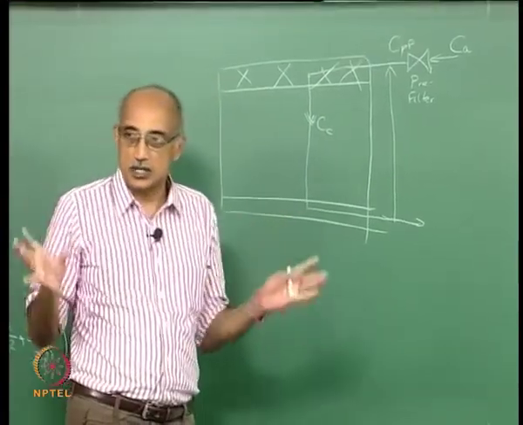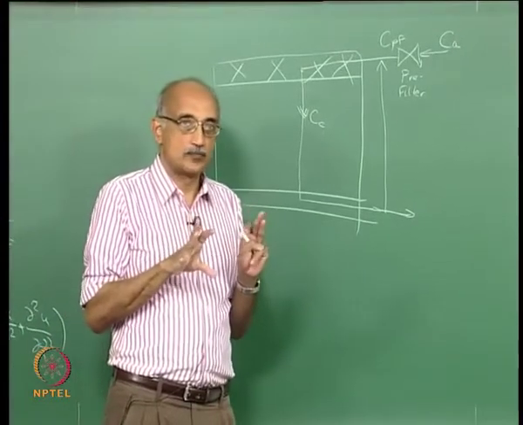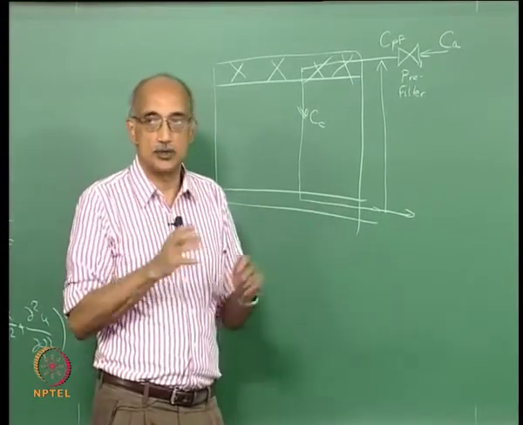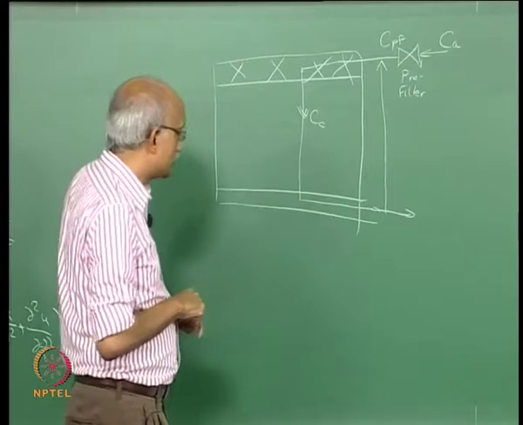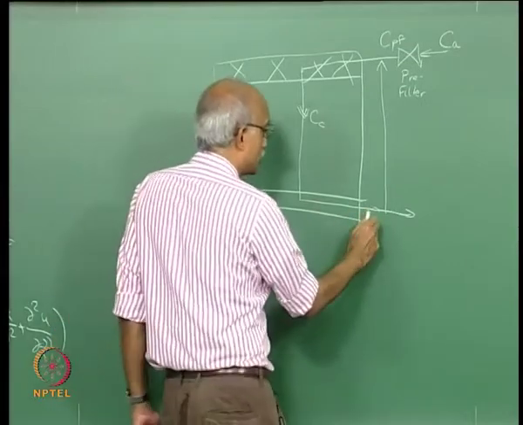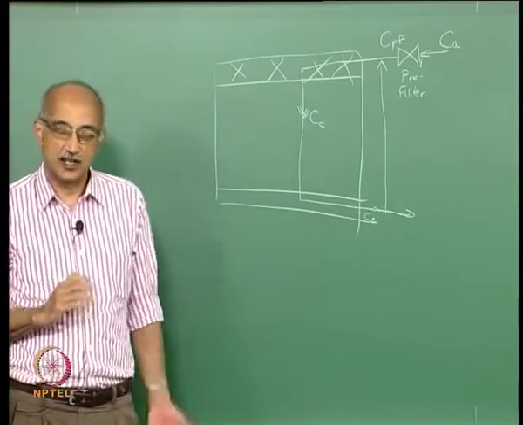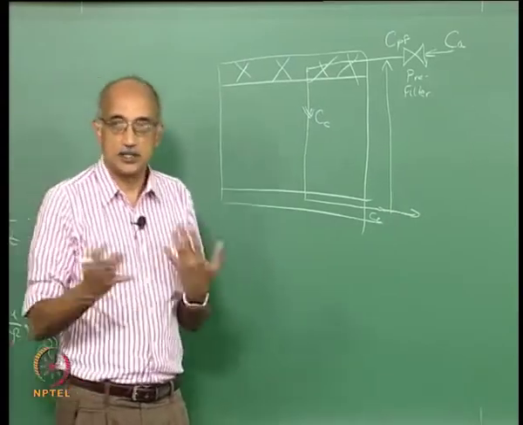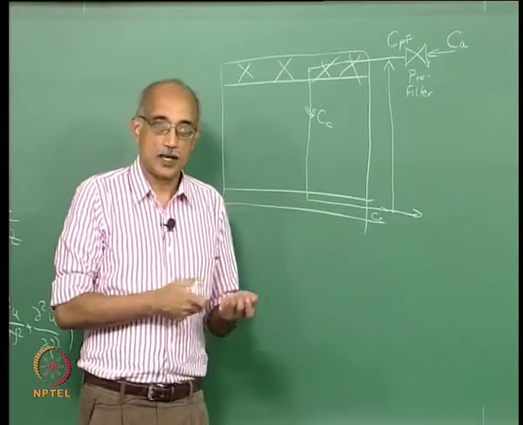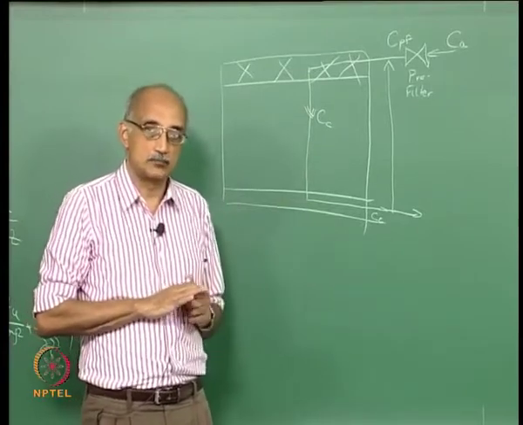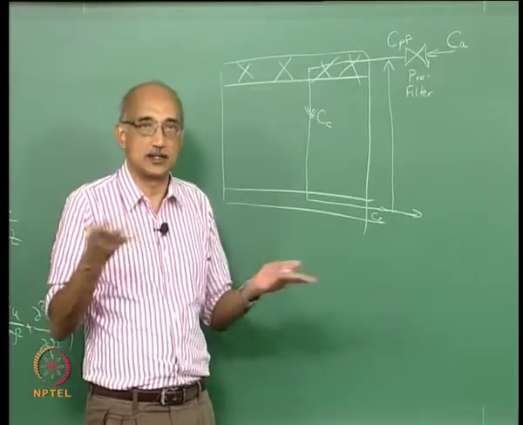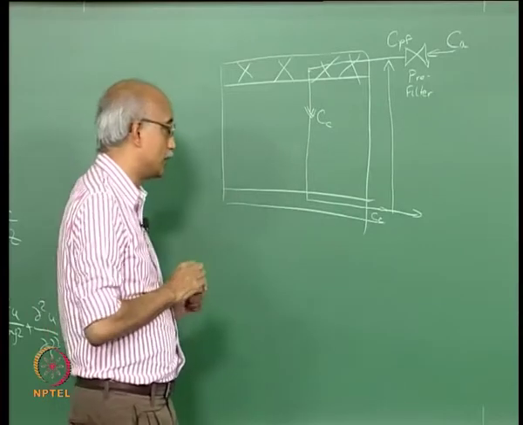Cc is now the concentration of particles that is uniformly distributed in the clean room, which means that in the outlet stream also the particle concentration is going to be Cc, right? It's like a well-stirred reactor. So the exit concentration will be the same as the concentration of particles inside. If you want to look at this clean room as a reactor, that's probably a good analogy.